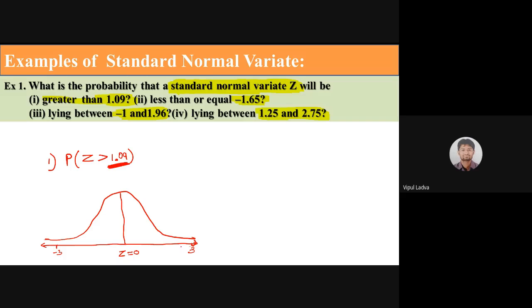If this distance is 3, then we can approximate 1.09 using that. So approximately 1.09 will be something around here.